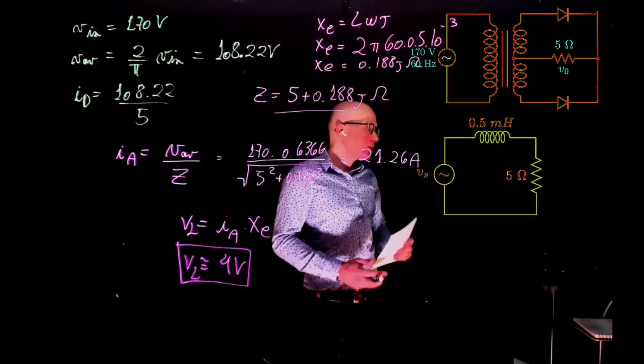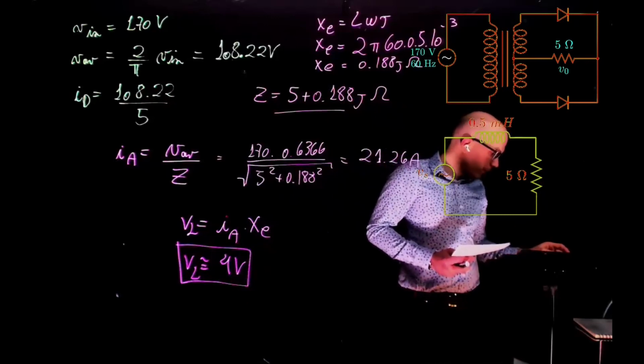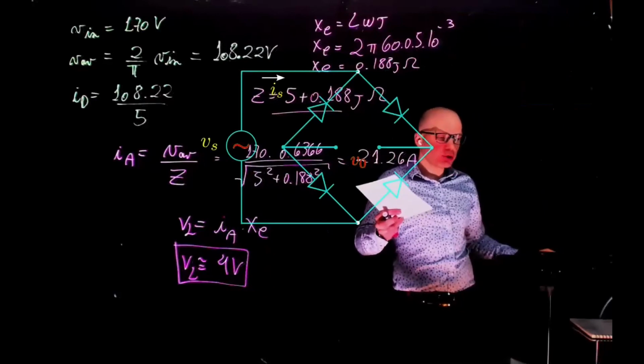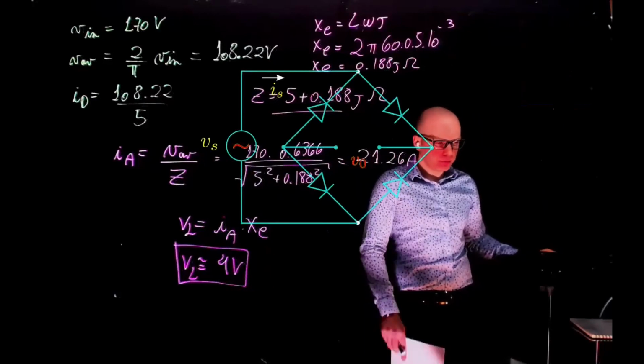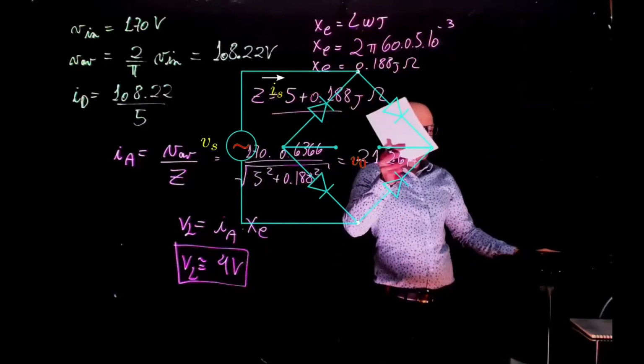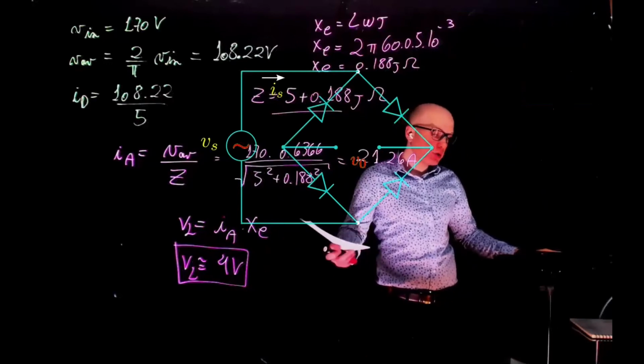Let me ask you this question. If we had a full bridge rectifier, such as this one, what would be the voltage drop here because of the diodes? Each diode has a 0.7 volt drop.